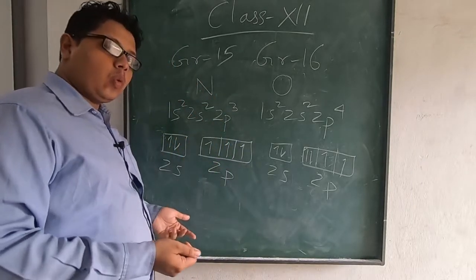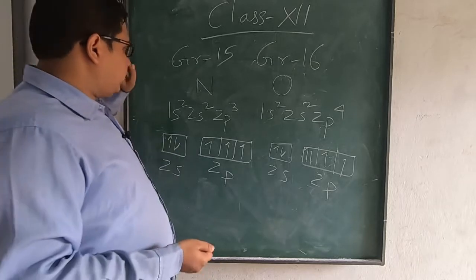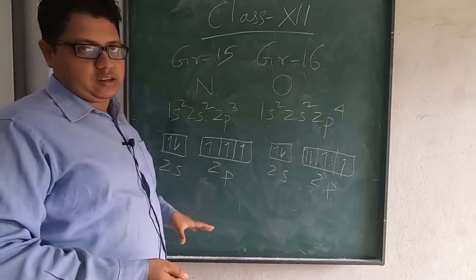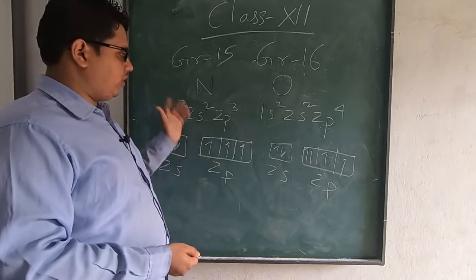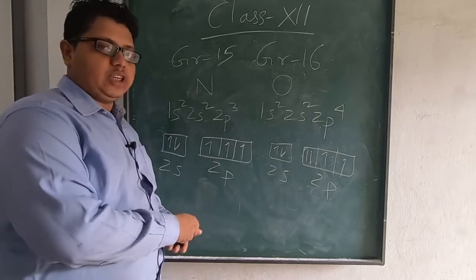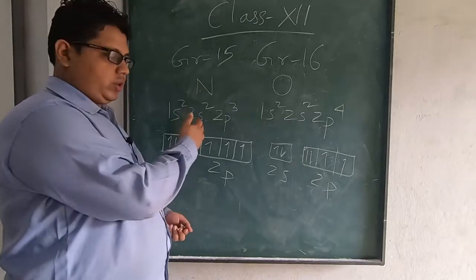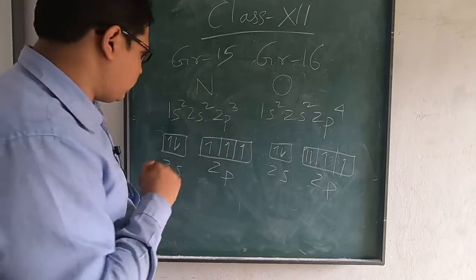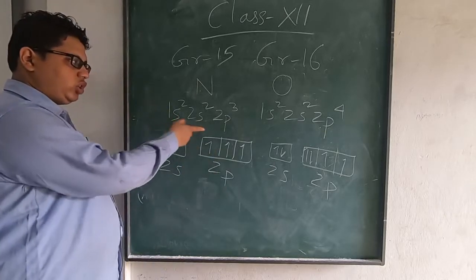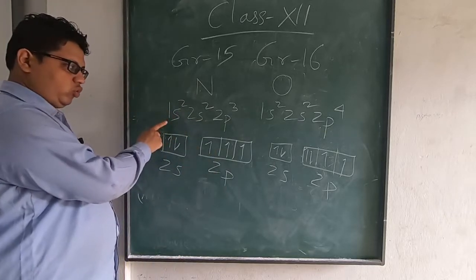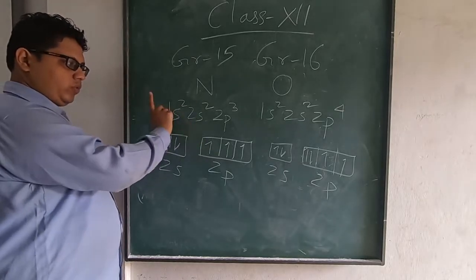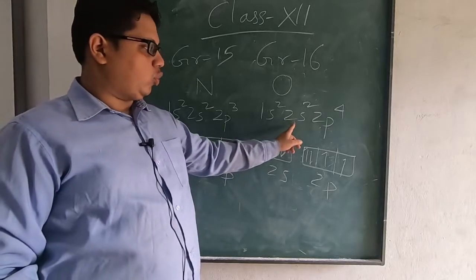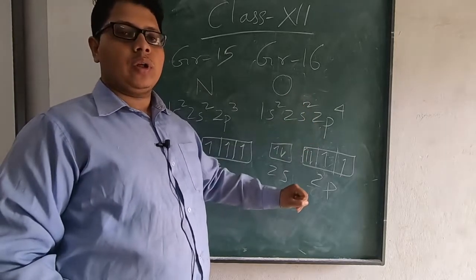Why so? Because the electronic configuration is responsible for that. You can see I have written here the electronic configuration of nitrogen and of oxygen. Nitrogen is 1s2, 2s2, 2p3, and that of oxygen is 1s2, 2s2, 2p4.